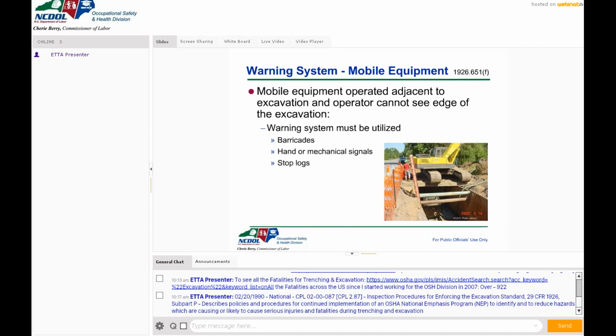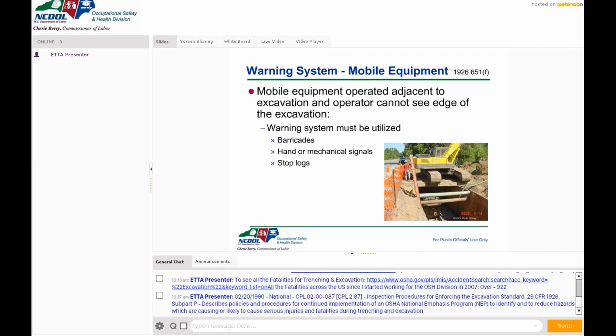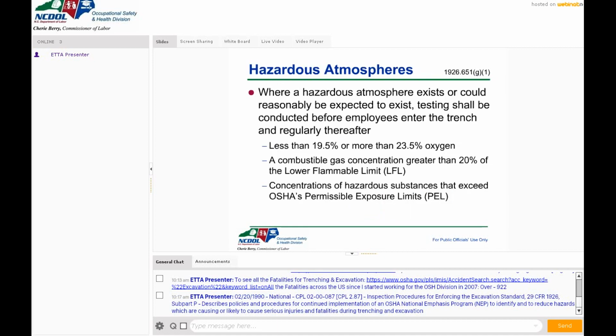And one of the ways is if you back the dump truck up. Let me go to this previous photo. If the dump truck is backing up, you can put stop logs out here and it will stop the dump truck from backing completely up. But in this particular photo, everything's gone wrong in this one. And there wasn't a competent person on the job site.